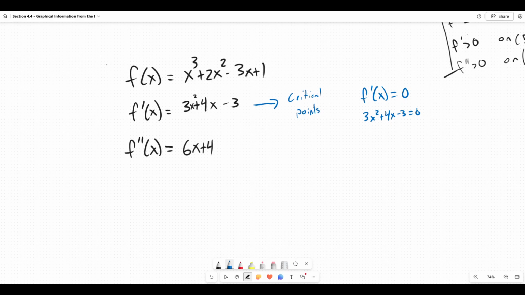We can use the quadratic formula, negative b plus or minus the square root of b squared, 4 squared, minus 4 times a times c, all divided by 2a. We'll also get the negative.